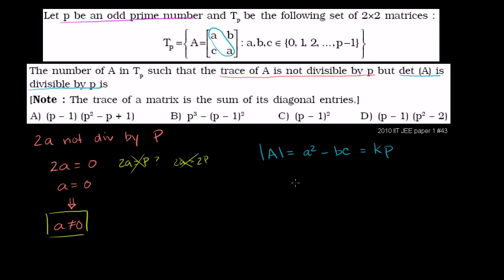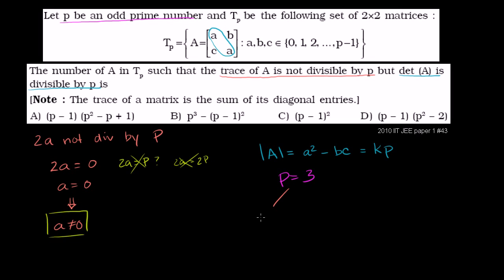So to simplify this, let's just say p is equal to 3. And I pick p equal to 3 because that's the smallest odd prime number. It's the smallest number that satisfies this constraint up here. So if p is equal to 3, our possibilities for a are, a can't be equal to 0, we know that already.